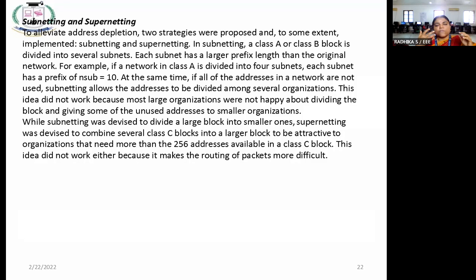Even if all the addresses are not needed by a large organization, two or three organizations can be combined together and allocated with this scheme. But what happened was, the organizations were not happy because they did not want to give their unused addresses to smaller organizations. So that is the main problem.